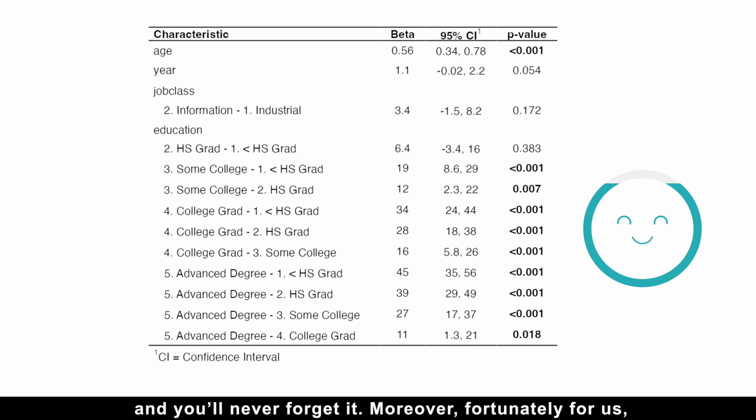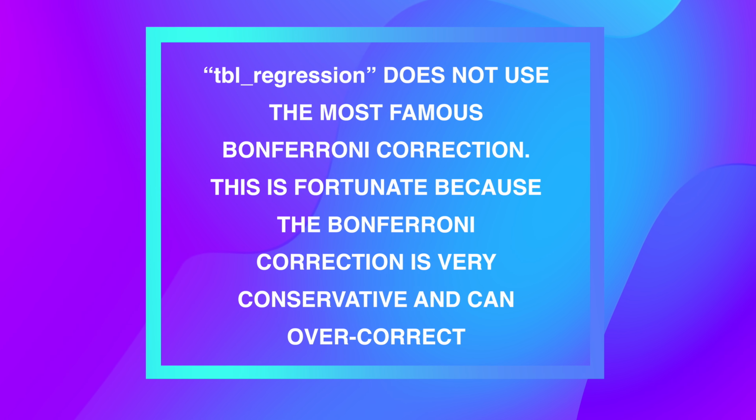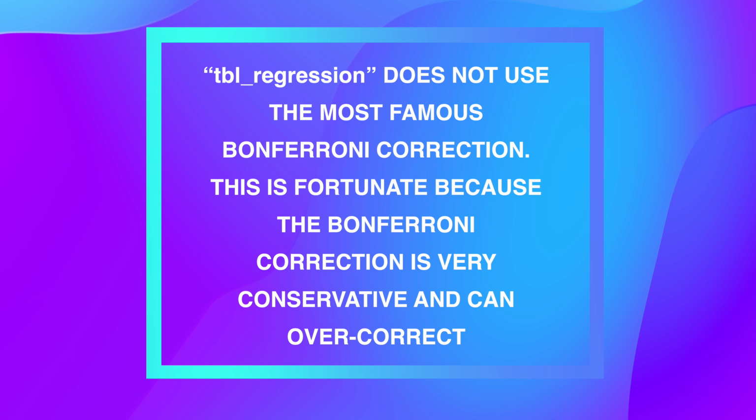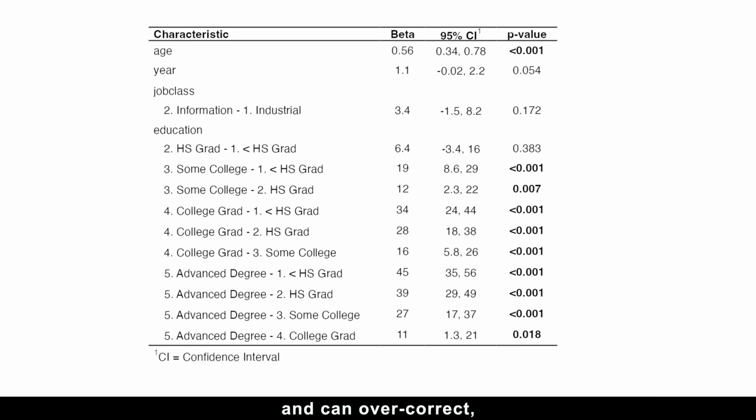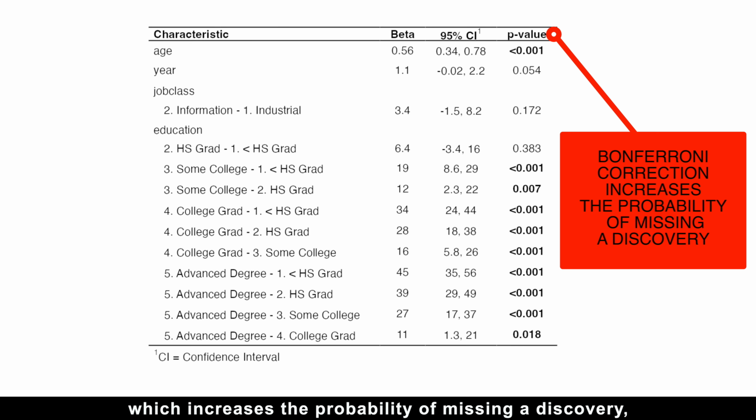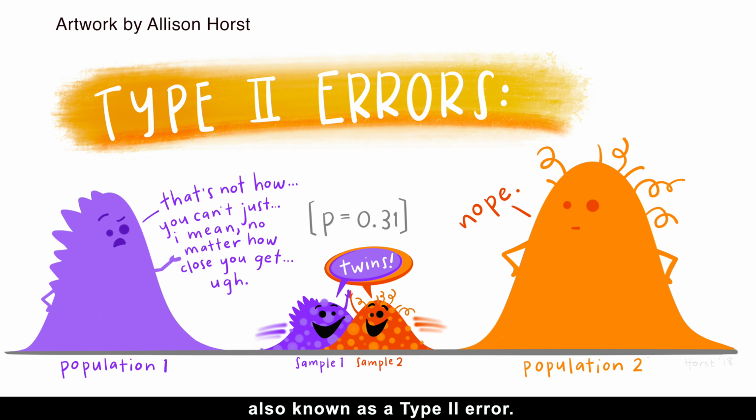Moreover, fortunately for us, table regression does not use the most famous Bonferroni correction. This is fortunate because the Bonferroni correction is very conservative and can overcorrect, which increases the probability of missing a discovery, also known as a type 2 error.